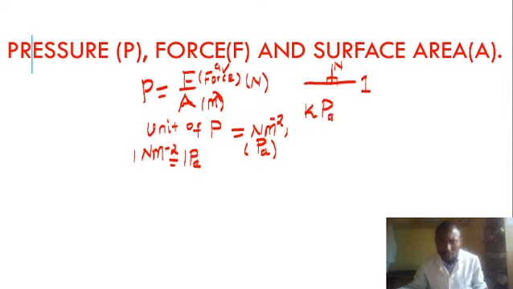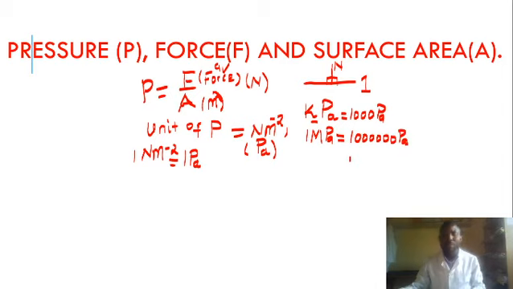Kilopascal: whenever you hear of kilo, it means 1000, so 1000 Pascal or 1000 Newton per meter squared. We also have 1 megapascal. Mega simply means 1 million, so 1 million Pascal.